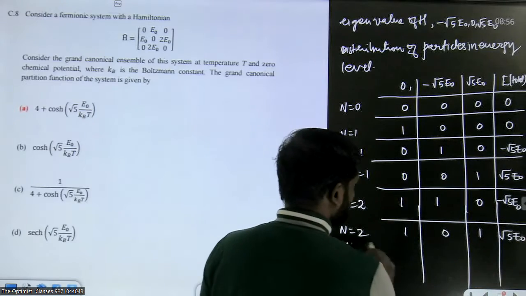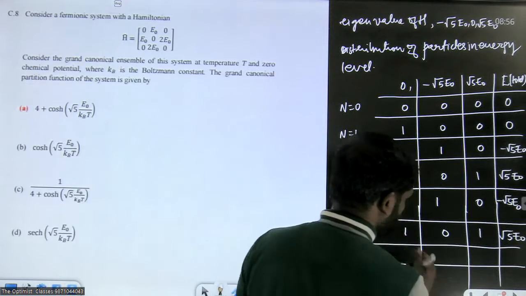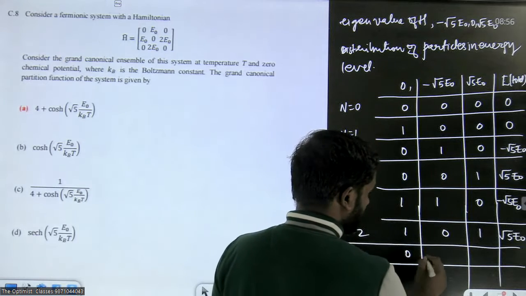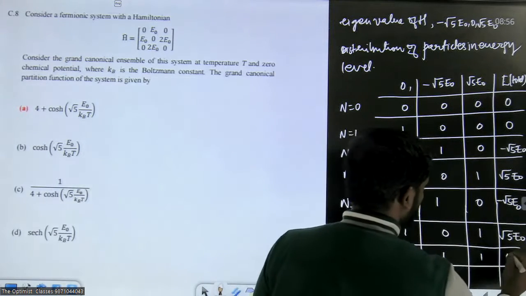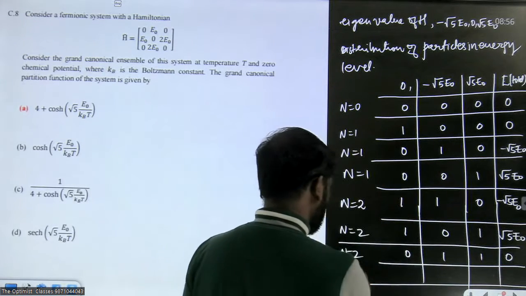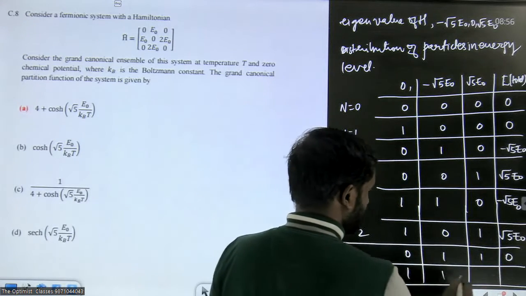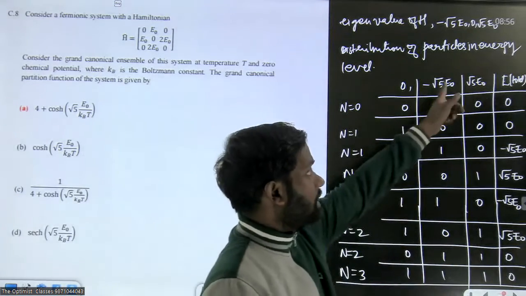Two particles, n equal to 2, can be distributed like this also: no particle here, one particle here, one particle here. In this case, the total energy will be 0. Now, if there are three particles, n equal to 3, the distribution will be like this only. In that case also we get zero energy, because we are getting minus as well as plus.